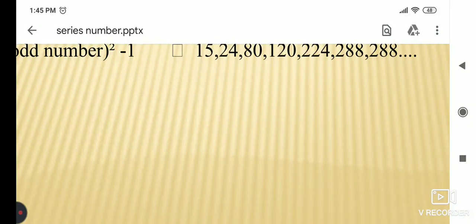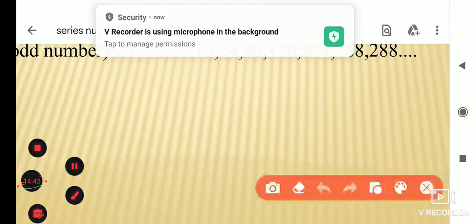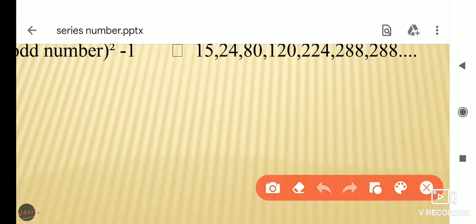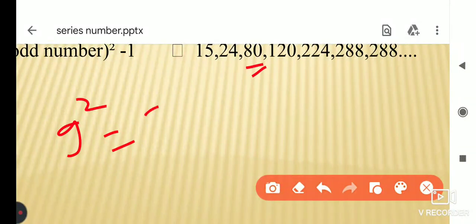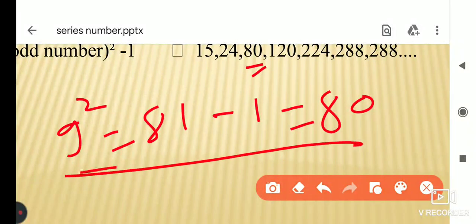Okay, the 15 is an odd term. The second number is 80. We can easily identify that the square of 9 is 81. 81 minus 1 is equal to 80. Okay, in this pattern we can easily identify that it is the odd number square minus 1.